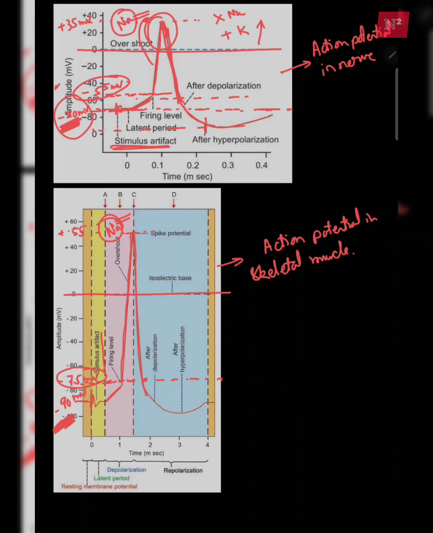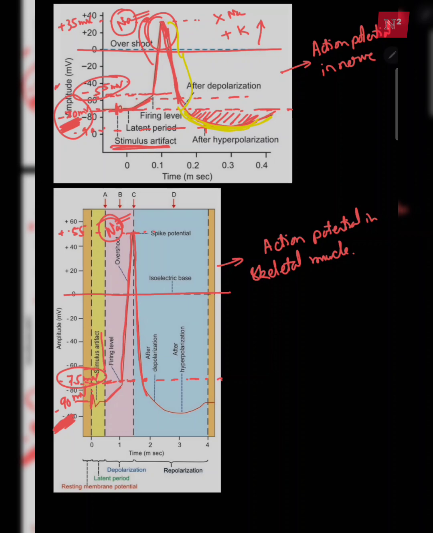It's around minus 90 to minus 95 millivolt, after which it again goes back to the baseline. Now this part that is shown over here, this curve, is called after hyperpolarization. Up till this it was the repolarization, and after this it is called after hyperpolarization.